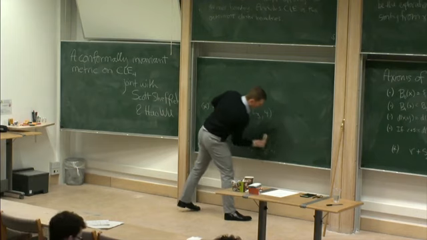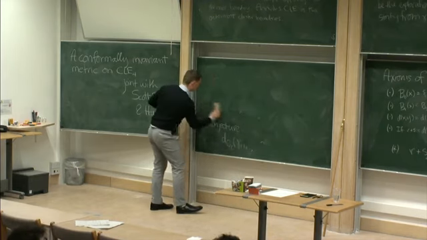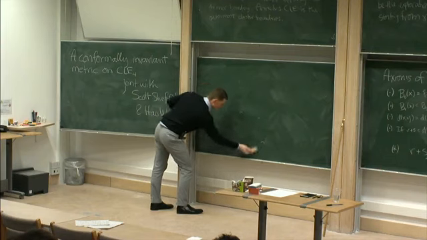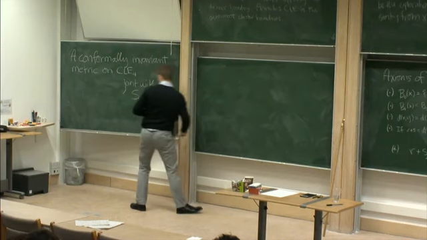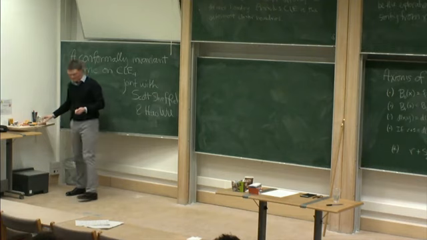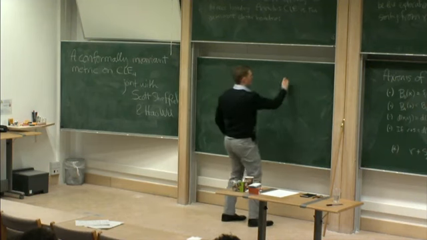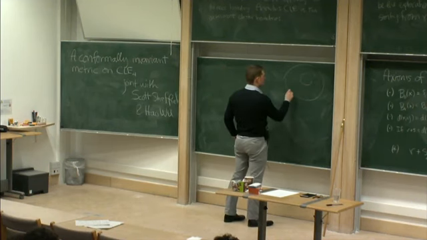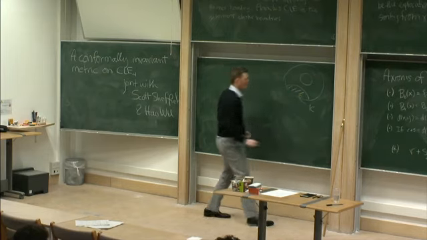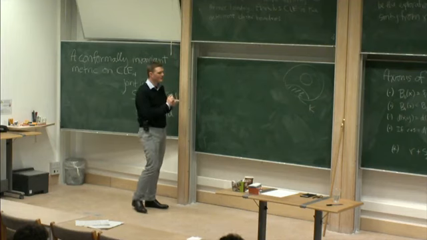So I don't want it connected to the inner boundary at all. So some annular region, and that's my compact hull K.